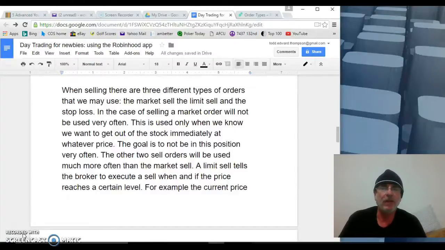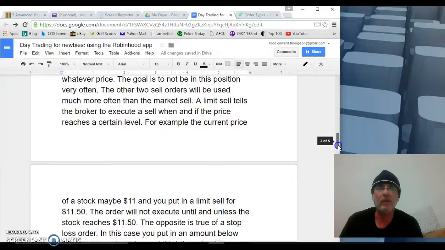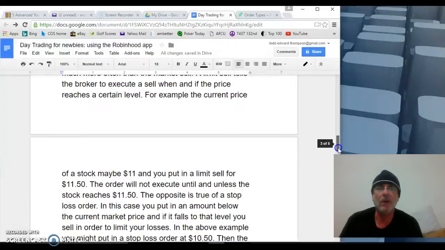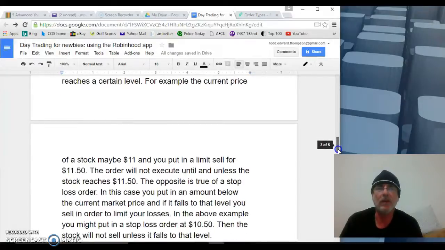The other two sell orders are what we're generally going to be using, and those are the limit sell and the stop loss. A limit sell tells the broker to execute a sell when the price reaches a certain level. This is what we're normally going to be doing for the most part, at least in a perfect world.